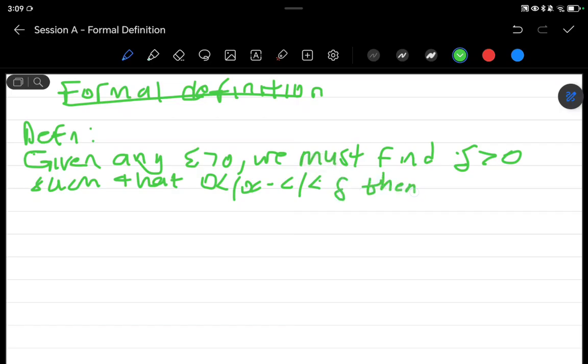Then we have the absolute value of f of x minus L, which is less than epsilon. We are working on this.